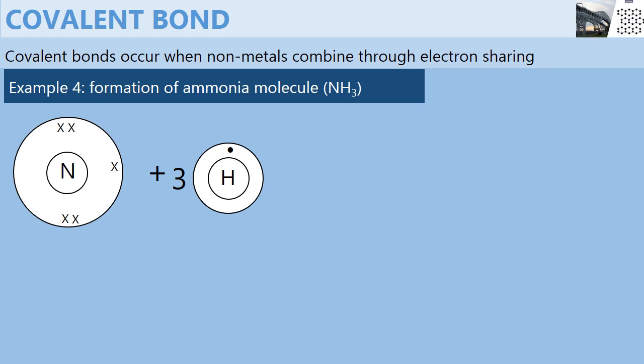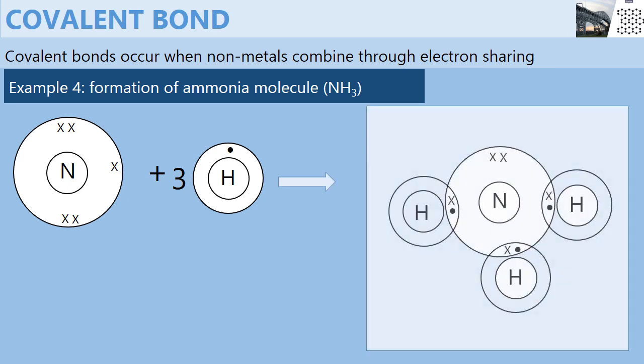So 3 atoms of hydrogen would share electrons with nitrogen to obtain stable configurations as follows. As you can see, now the dot represents the electron from hydrogen and the cross represents the electron from nitrogen. So here we have 1 electron from hydrogen and 1 from nitrogen to form a single covalent bond.